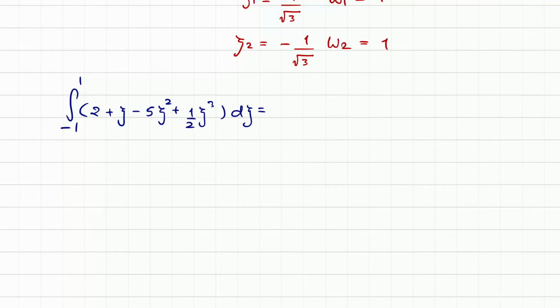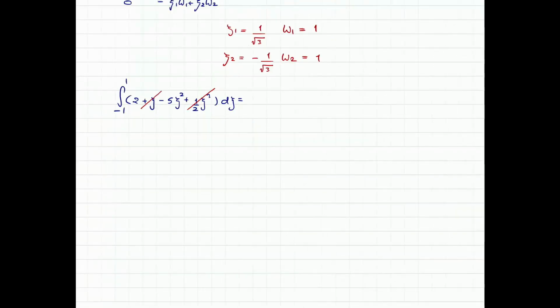So we have 2 multiplied by 2 minus 5 multiplied by 2/3, right?